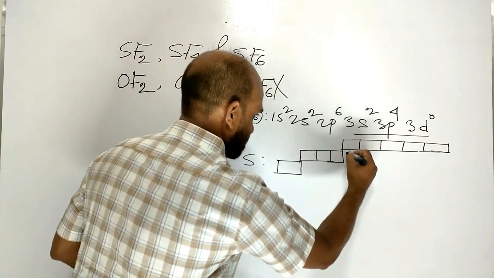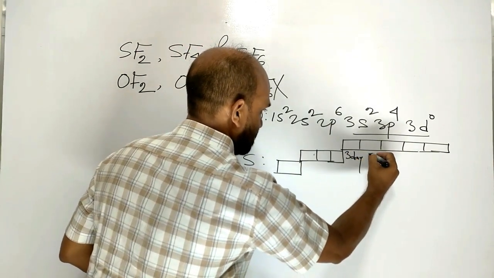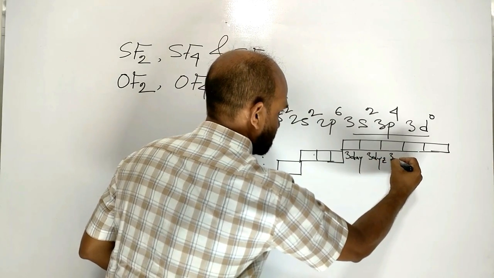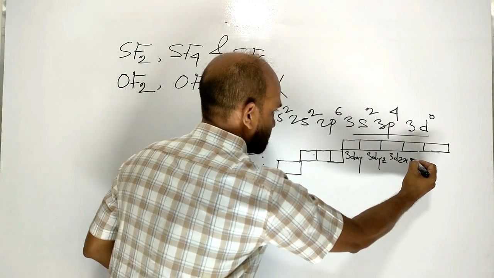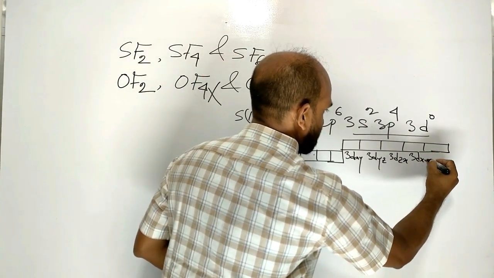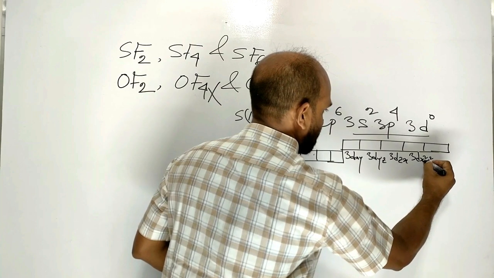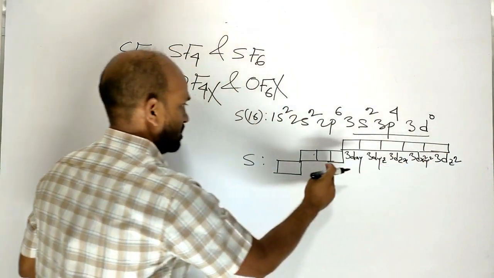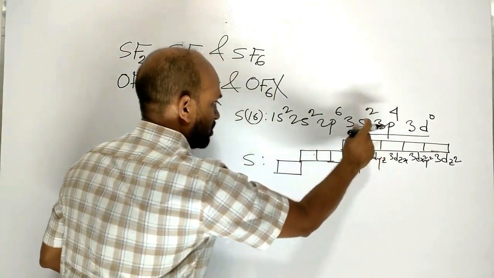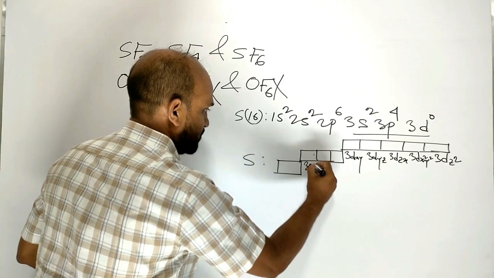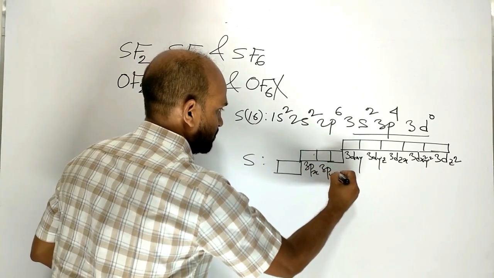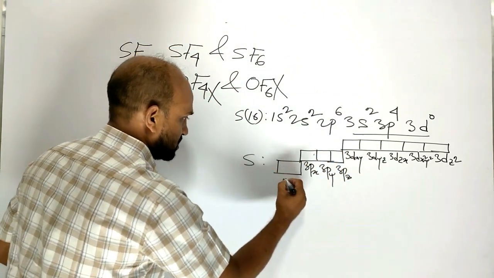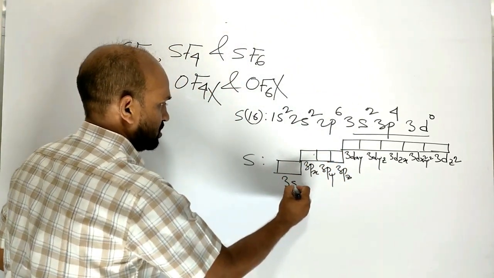These are 3dxy, 3dyz, 3dzx, 3dx2-y2, and the last one is 3dz2. And the 3p orbitals are 3px, 3py, 3pz, and this one is the 3s orbital.